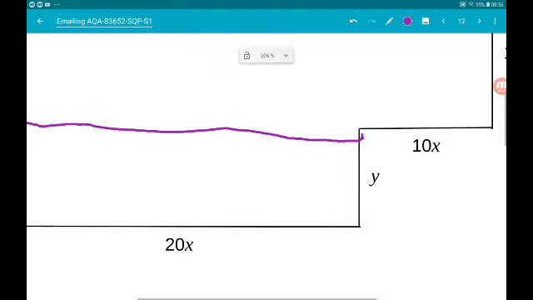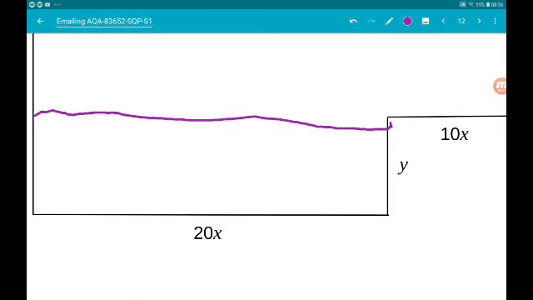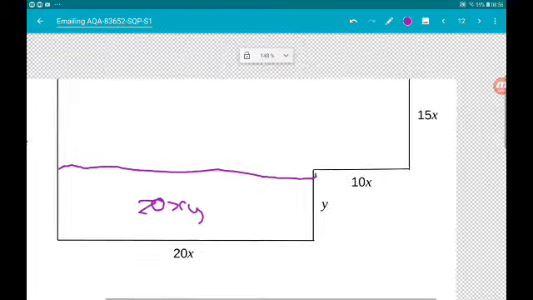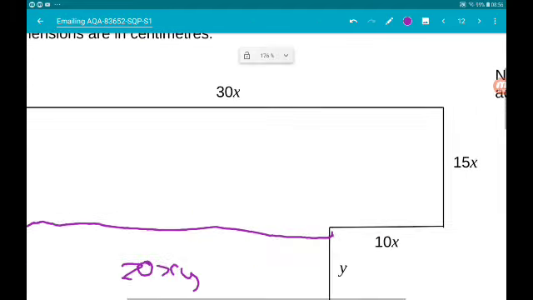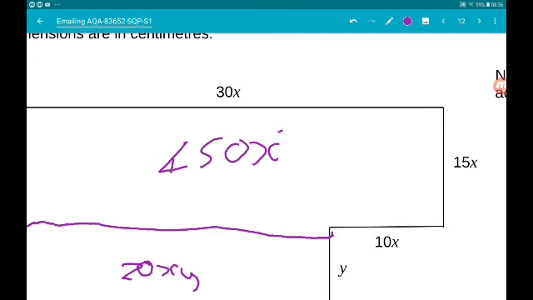Now we know the area of this bottom part is 20x times y, and the top part is 15x times 30x. 15 times 30 is 450, so we get 450x squared.